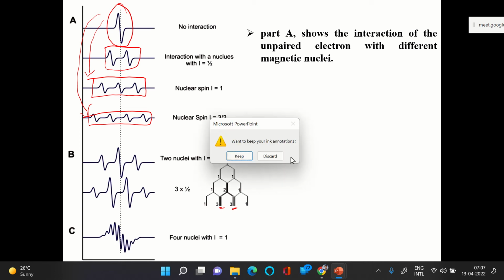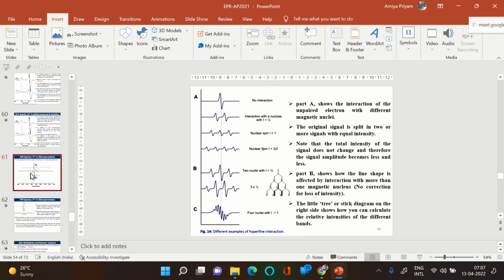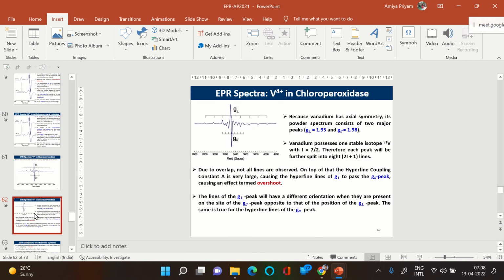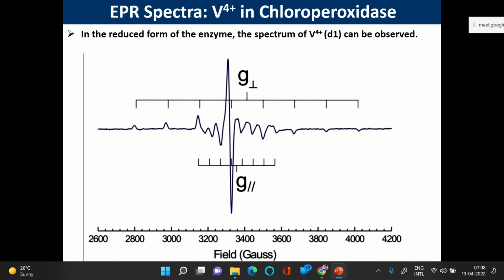Now we can move ahead. These were the cases that we discussed for different g values, for the direction parallel to the magnetic field or perpendicular to the magnetic field, and if the g values are not much different, that happened here.